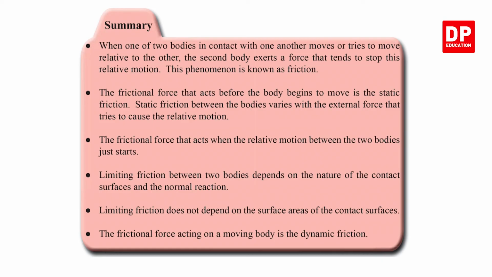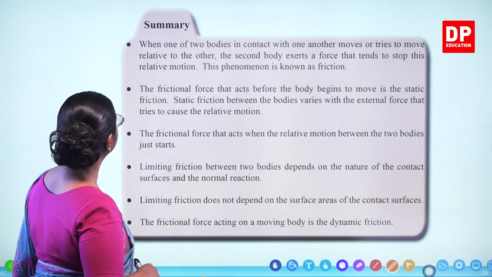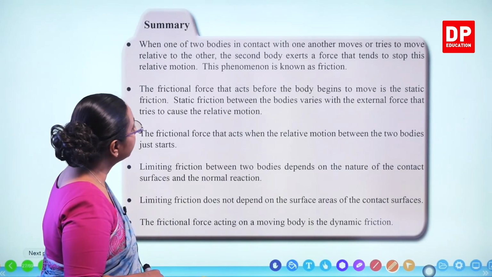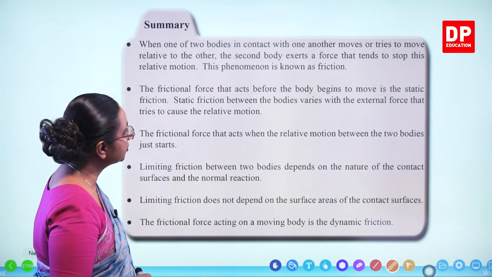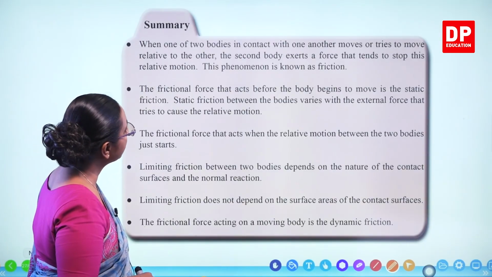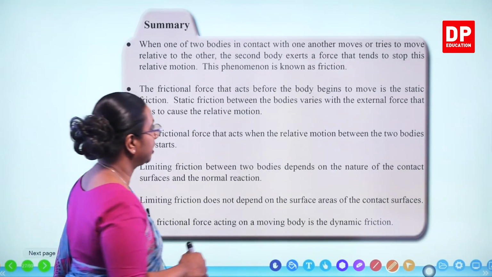Summary. When one of two bodies in contact with one another moves or tries to move relative to the other, the second body exerts a force that tends to stop this relative motion. This phenomenon is known as friction.